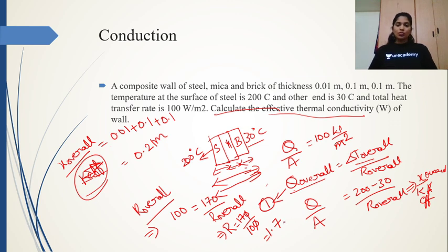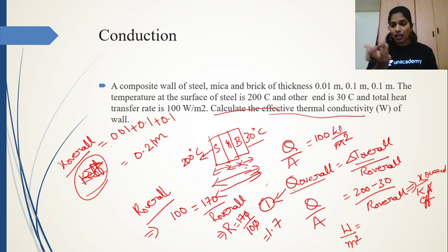So what will be the units of overall resistance? We can calculate the units from this formula. This is watts, or you can take Q by A, watts per meter square. We can take Q by A only when we have an equal area for all the slabs. If the area of the steel wall is the same as the area of mica and the area of brick, then only we can take the area outside of the overall resistance.